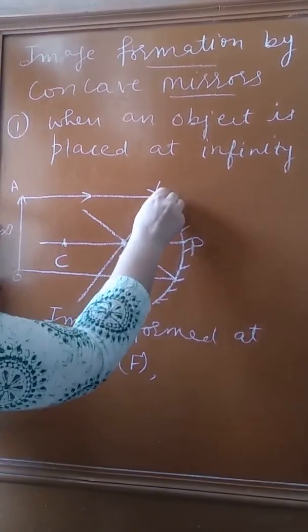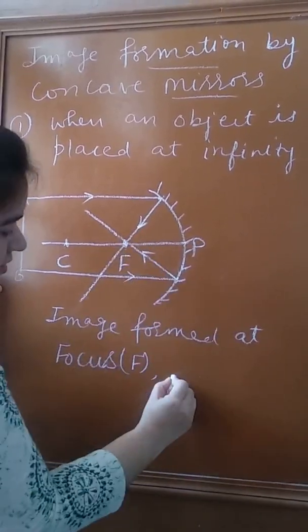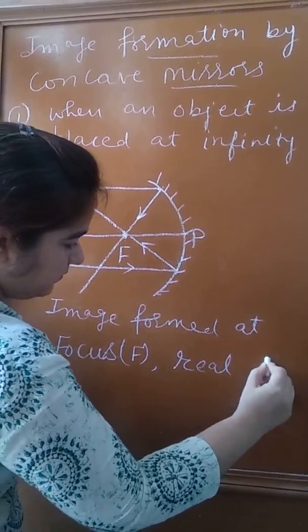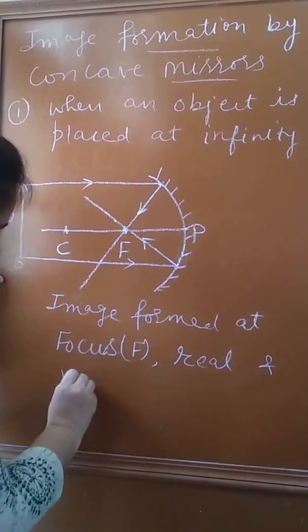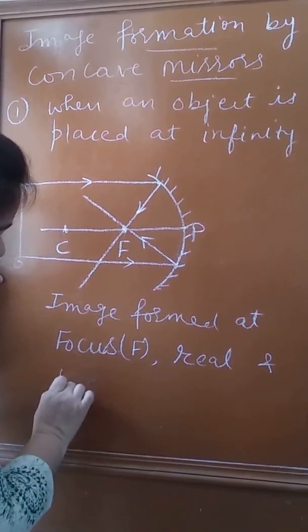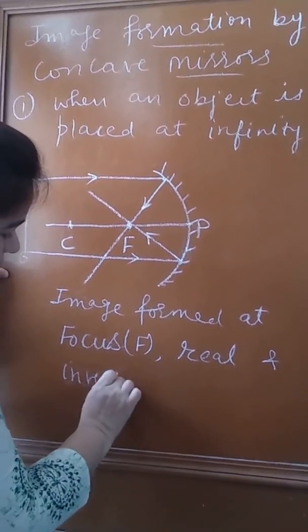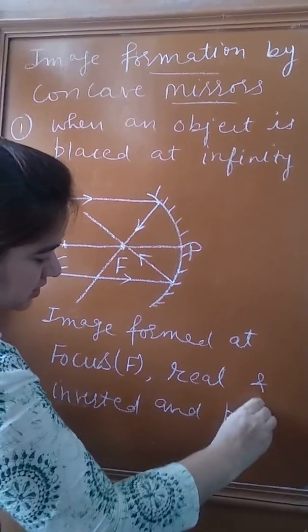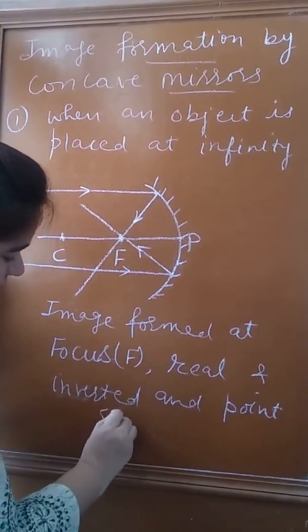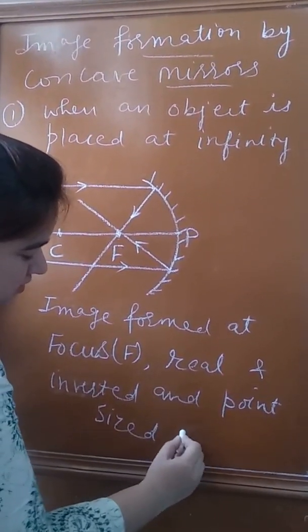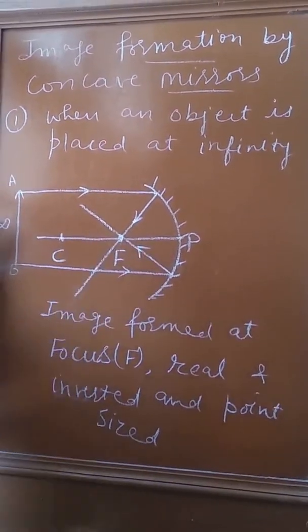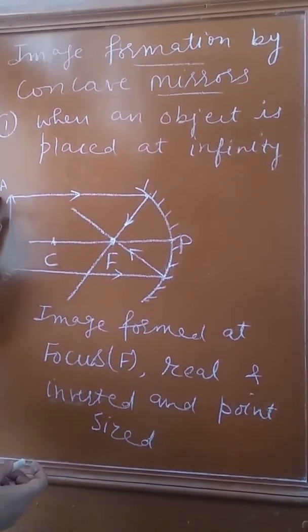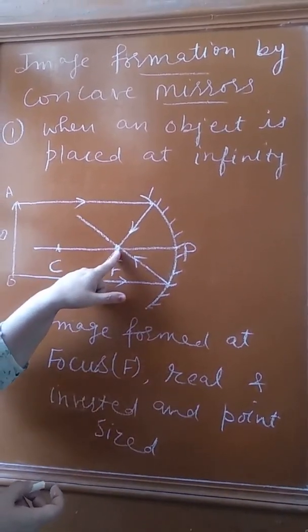The rays actually meet at this point, meaning a real image is formed, real and inverted, and a point-sized image is formed at focus. This is the first case: when the object is placed at infinity, the image is formed at the focus.